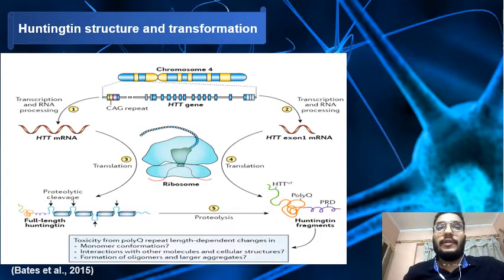Huntingtin structure and transformations. Expression of HTT generates an initial RNA transcript that is normally processed into an mRNA encoding the full-length huntingtin protein, but it can also be processed into an mRNA encoding only exon 1 if the gene contains an expanded CAG repeat.